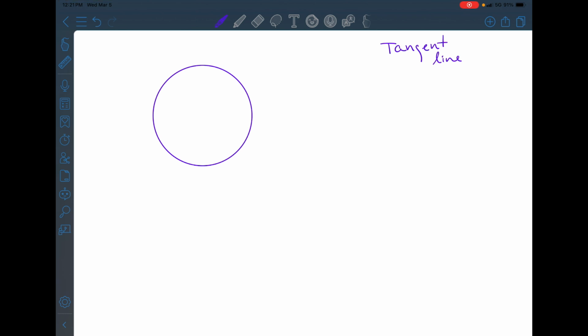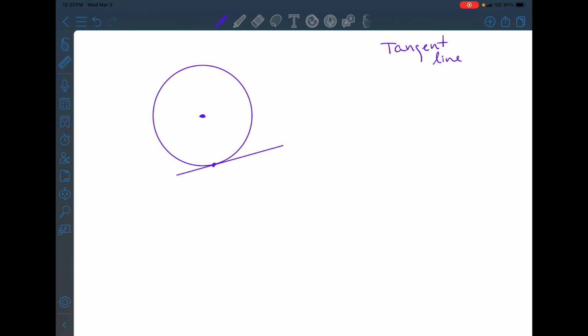There is a relationship, but we're not going to really talk about it. For a tangent line, there are three things we should know right now. First, it crosses the circle in exactly one point. If I could zoom in enough, this would only touch the circle in that one little point.